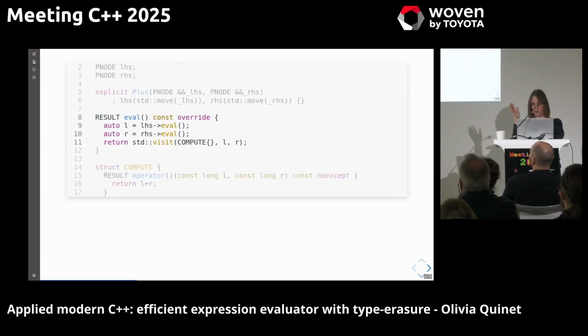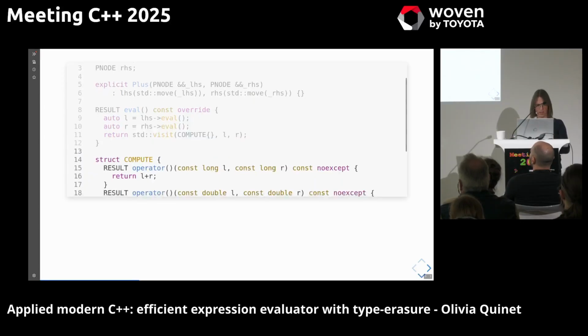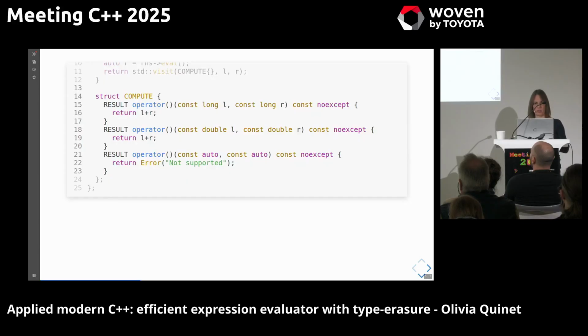So it combines all the possible values of left and right. You define the operation that you want to support in the compute struct. And here, for example, we support operations between long and double, and for everything else, we don't support it. And it gives you the right result.